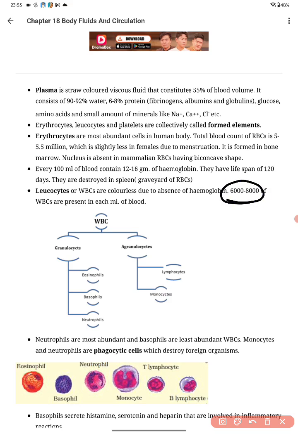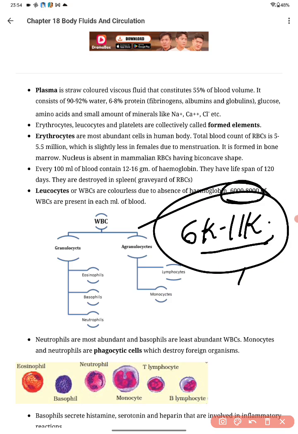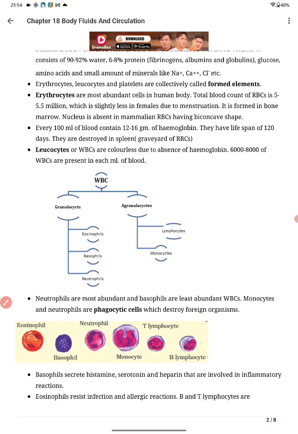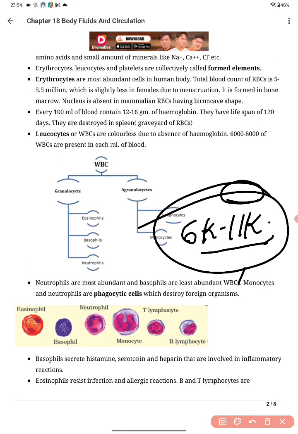And WBC is 6,000 to 8,000, but 6,000 to 11,000 is the actual number we study in physiology and pathology. If the WBC number is more than 11,000, it means you have infection, and if less than 6,000, it means you have something wrong with your bone marrow. Your bone marrow is not working properly.